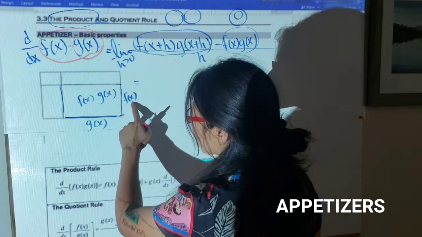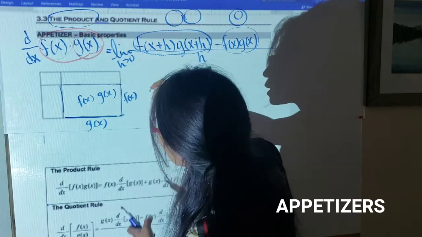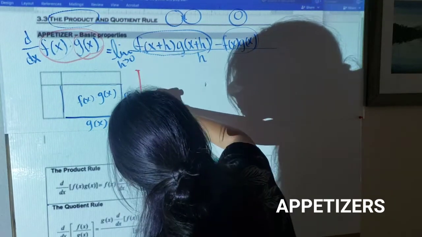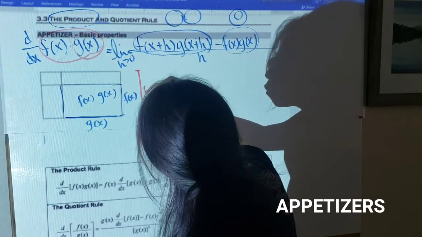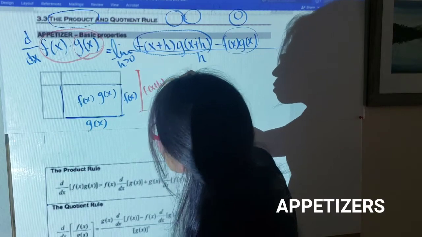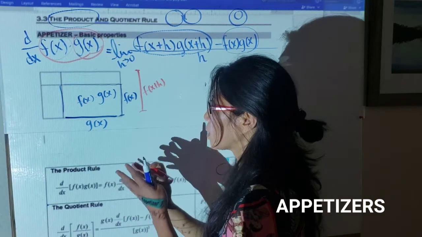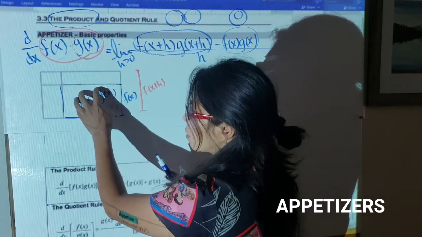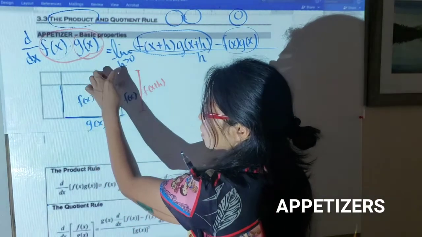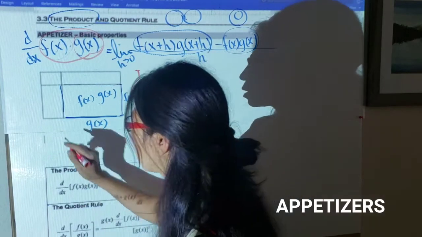So I have f of x. I'm going to increase this length by h amount, so I will call this f of x plus h. Make sense? Just think of it this way: I'm building a house, but from the original one, I decide to extend this much and this much.